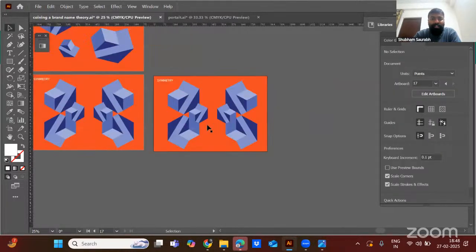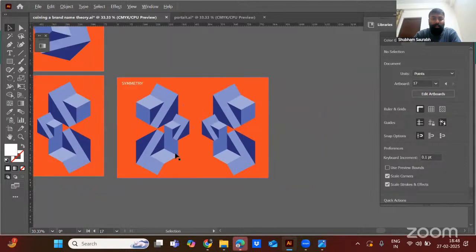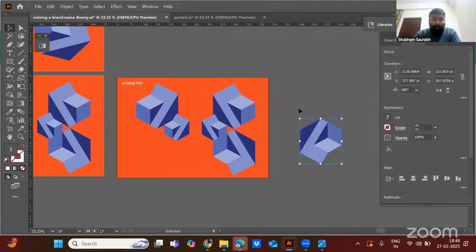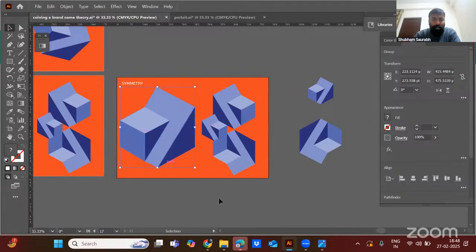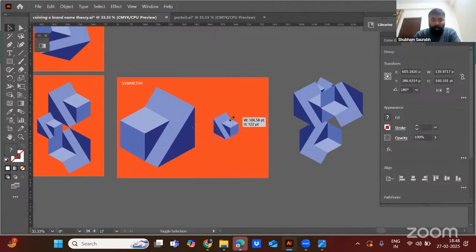So contrast means when things are very opposite to each other. So for example, you put this one frame really big here, and then you put a lot of small things around it.